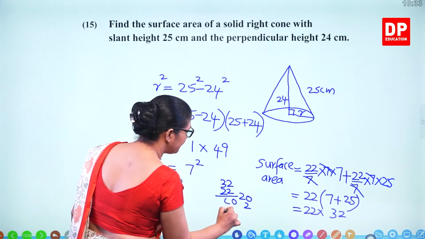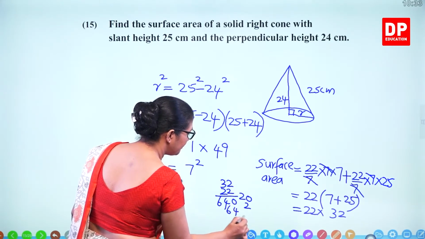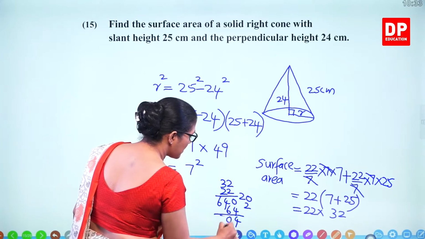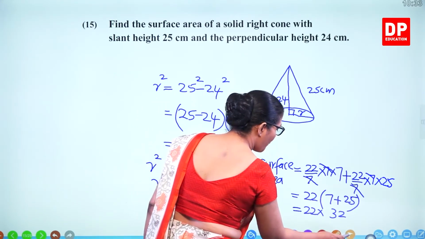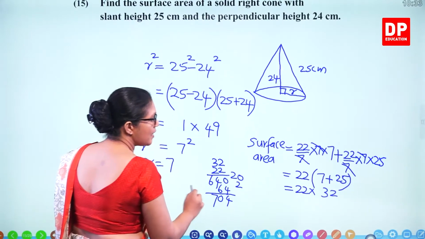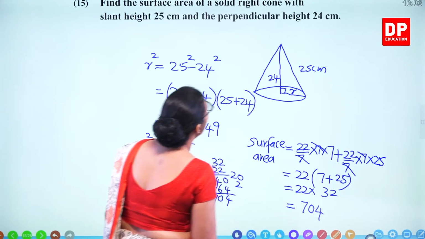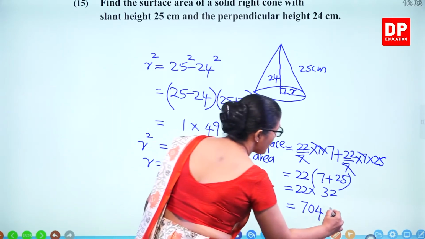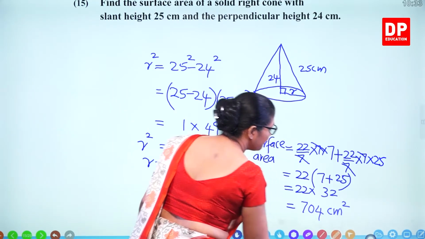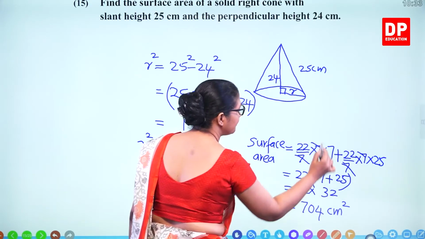Multiply. You get 704. So you can write down the answer as 704. What's the unit? Square centimeters. 2 marks for that.